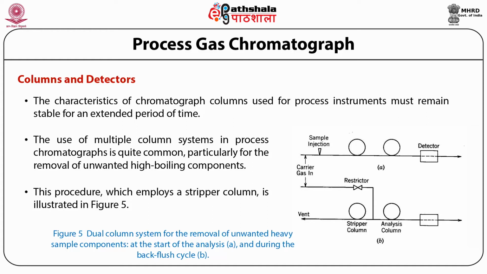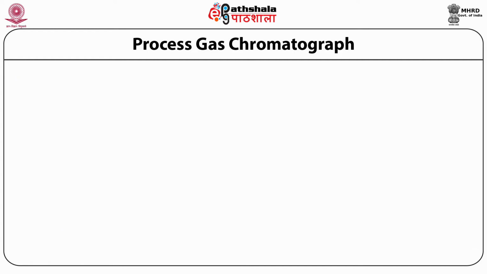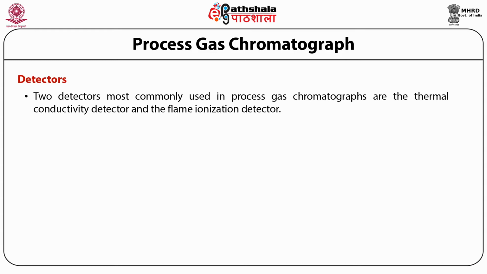Column switching systems involving 3 or 4 or more columns may be required for rapid analysis of samples containing a large number of components or for the separation of important trace impurities. As with laboratory instruments, the two detectors most commonly used in process gas chromatographs are the thermal conductivity detector and the flame ionization detector.